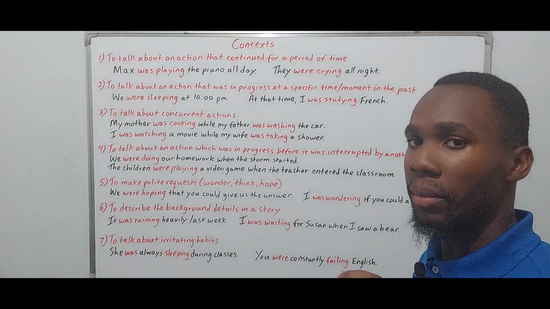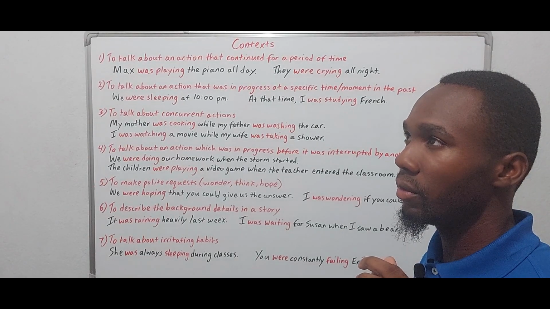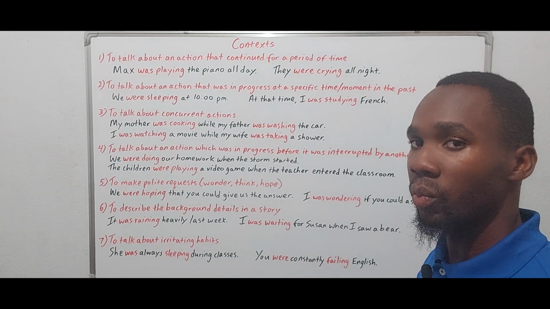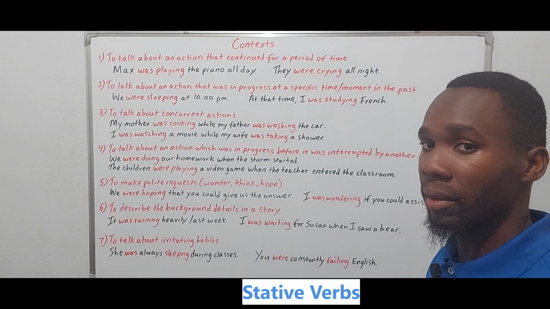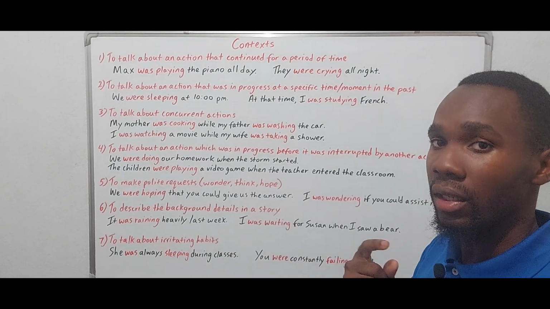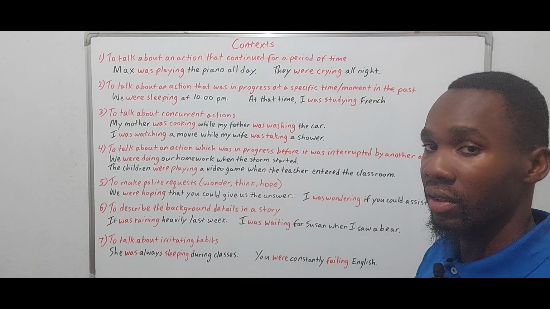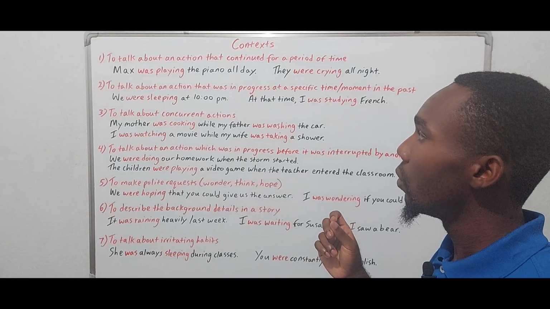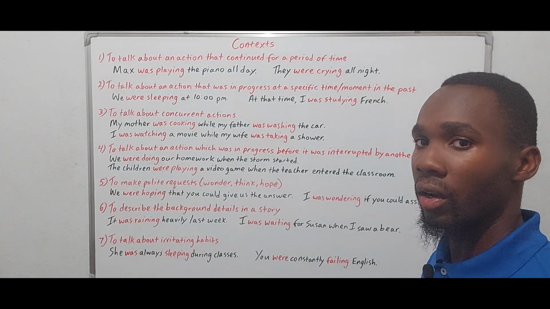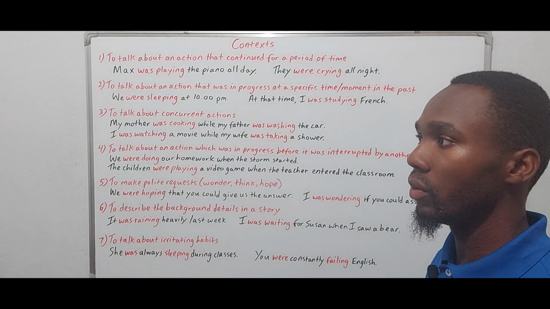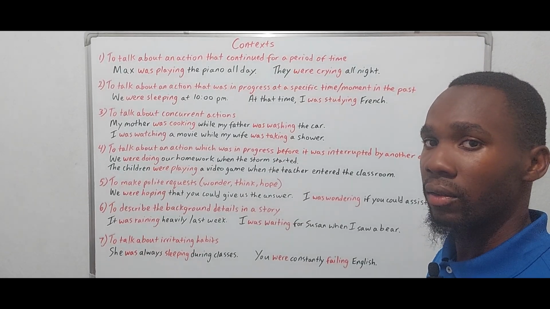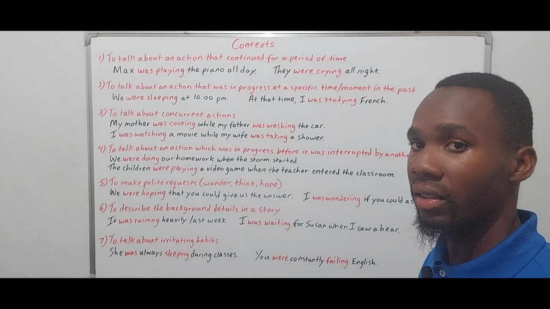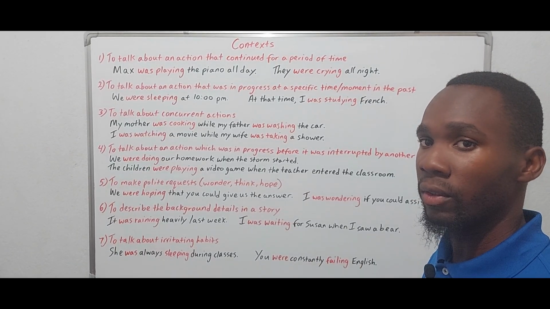Now, let me briefly say this, but we do not use the past continuous with stative verbs. And this is something that I would have mentioned in my present continuous video, right? Stative verbs are not actions, they refer to states of being, usually verbs that relate to perception and the senses are going to be stative verbs.